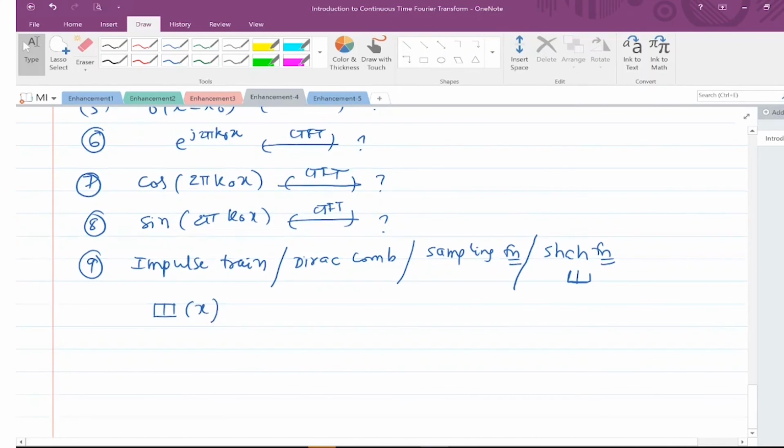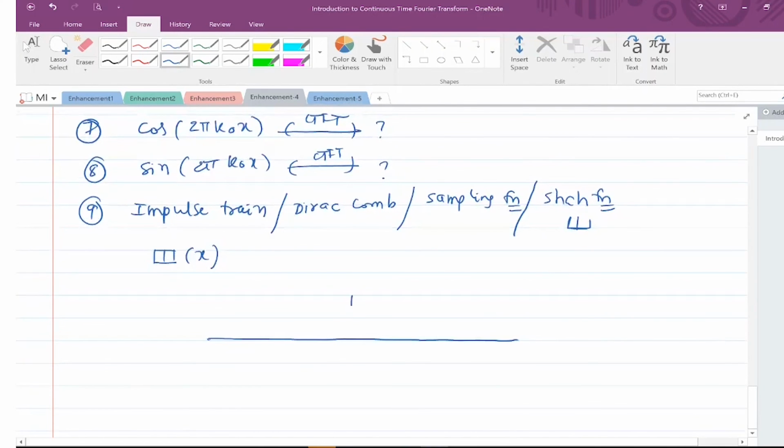So how does it look like? With a periodicity of 1 we are going to consider. Let's say it is at 0, 1 impulse, 1, 2, the periodicity of 1 is here, then -1, -2, so this would continue. This is the impulse train you have. This is your x and this is your impulse train, Shah function of x. So compute for this, what is the CTFT of it?